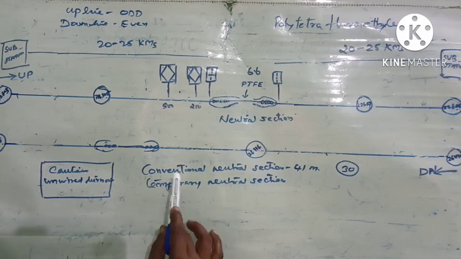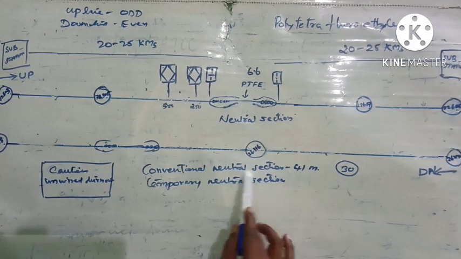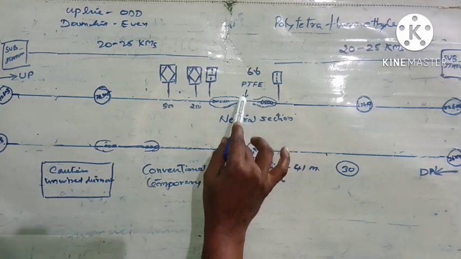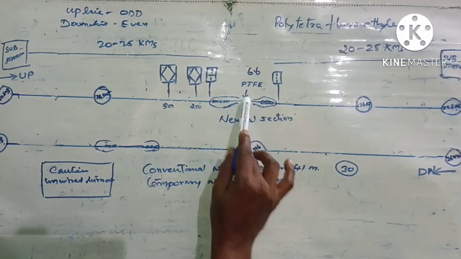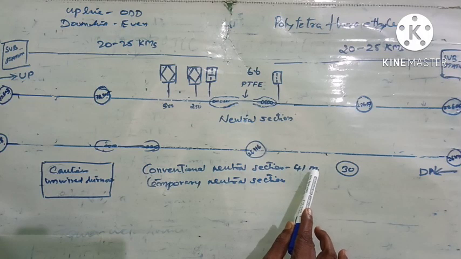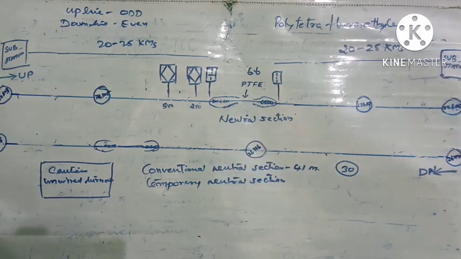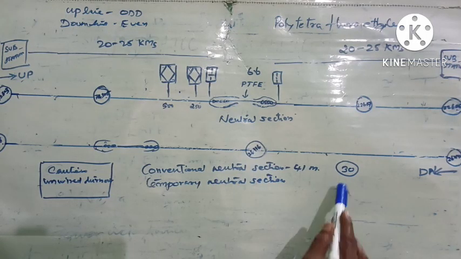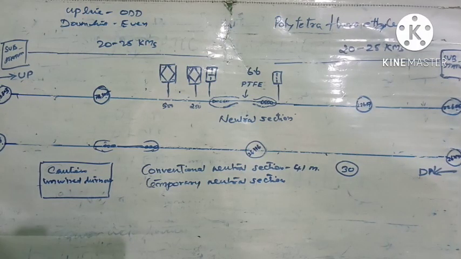Previously we were having the conventional neutral section. The conventional neutral section will be having a length of 41 meters, instead of this 6.6 meters. The problem with the conventional neutral section is, when a train is moving over it, if the speed of the train is less than 30 kmph, what will happen?